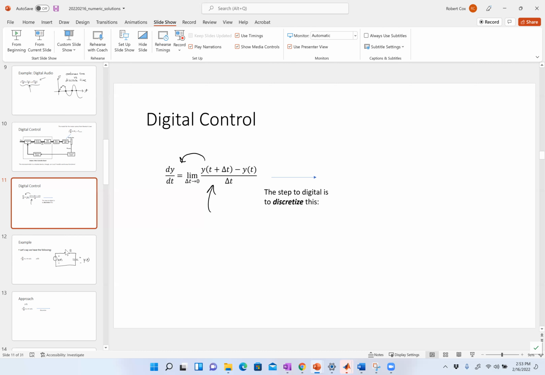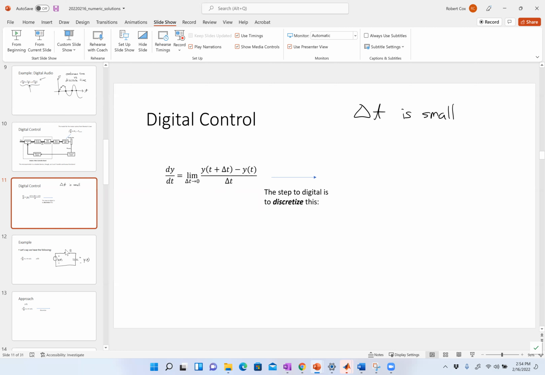What is useful is asking what happens if I want to use this in practice to solve things numerically. So what happens if I say, let's choose a value of delta t, and let's just make it small? This says take the limit as delta t goes to 0. Well, let me just say delta t is small, not vanishingly small, just small.